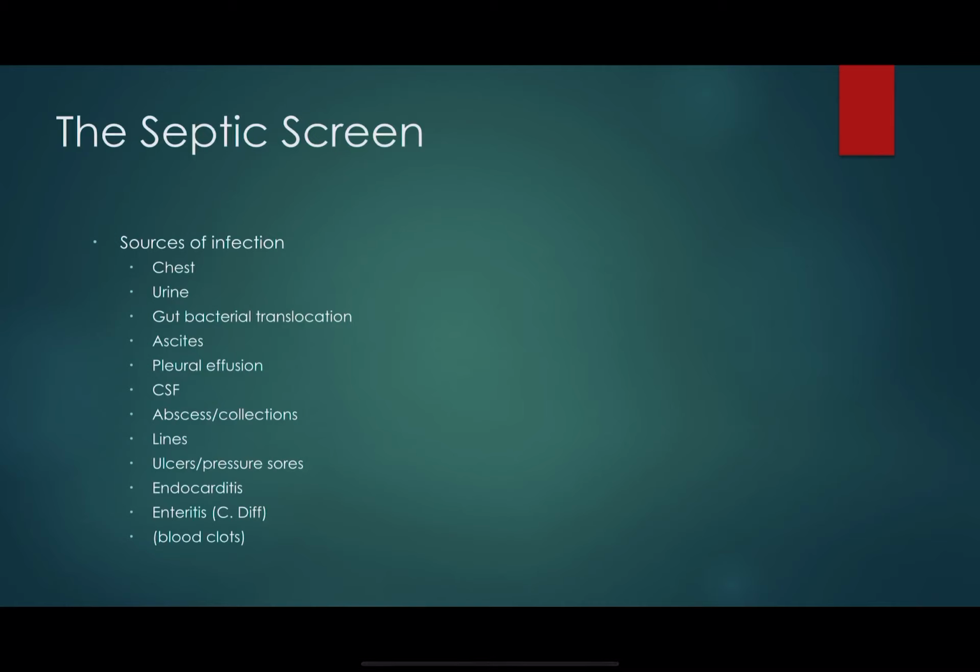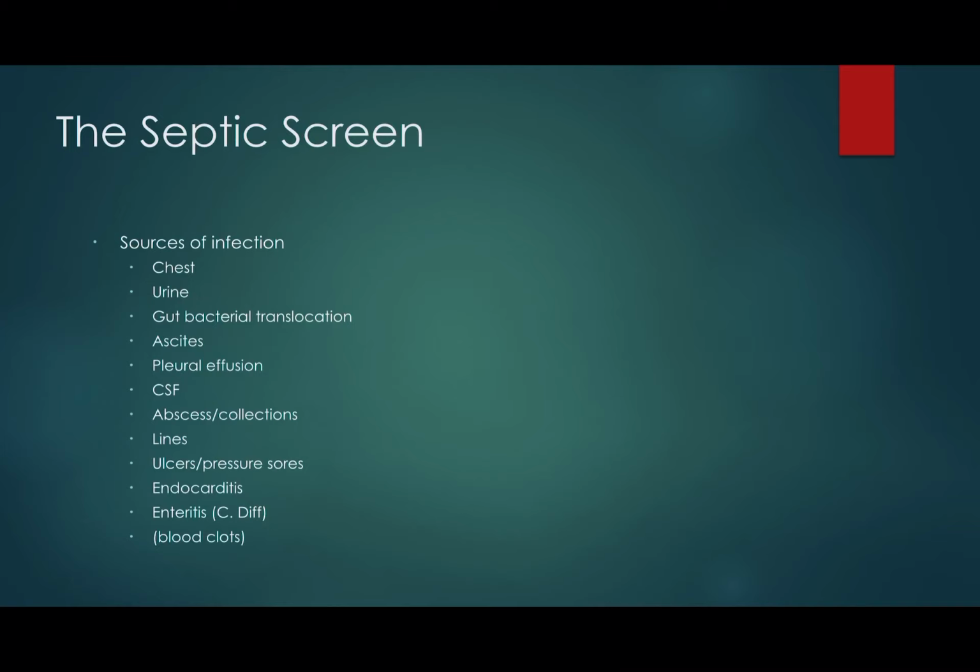When thinking about the septic screen, it's worth thinking about the source of infection, and these are slightly wider than that which you would see in patients on the general wards. The usual things like the chest, the urine, gut bacterial translocation, ascites are quite common. However, the other things that we will often see are patients with pleural effusions which become secondarily infected and become empyemas.